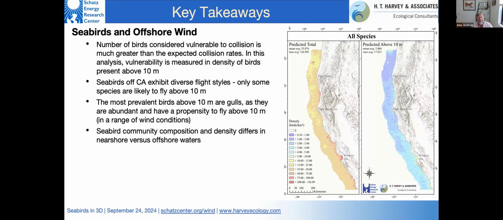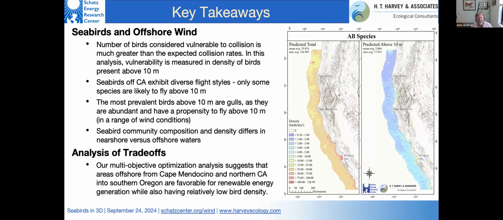And then the seabird community composition and density near to shore is very different from further from shore, both density and community composition. So those are some of the key findings related to seabirds and offshore wind.